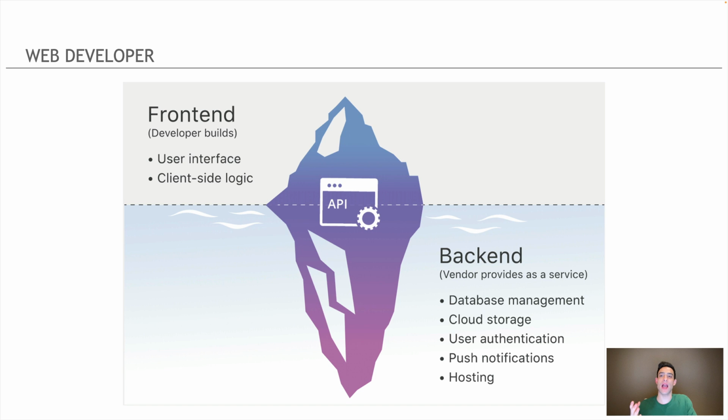So here we have an illustration of how this works. Again, the front end is what you see. We have a rock inside of water. You can see the top is the front end, what you see. And then there's that cut in between the line. You see there's an API, which communicates with the backend.